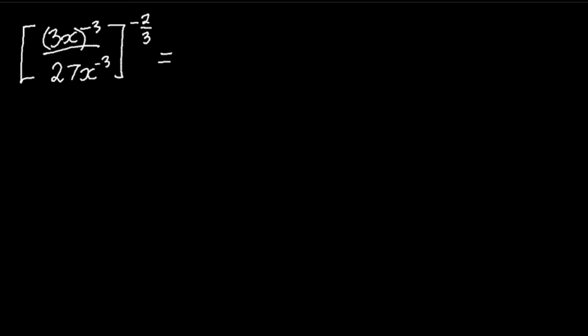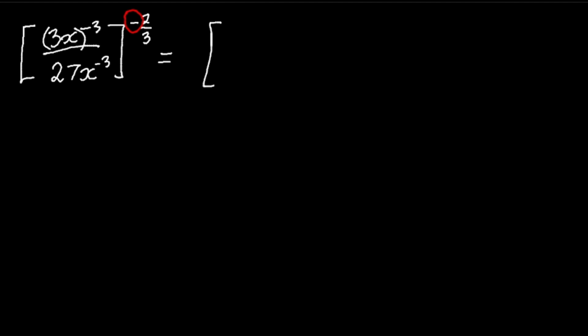So our first task on this question is to change this negative and make it a positive. So how do we do that? We are going to take the denominator and make it a numerator, and then we take the numerator and make it the denominator, and then automatically this negative is going to be positive.